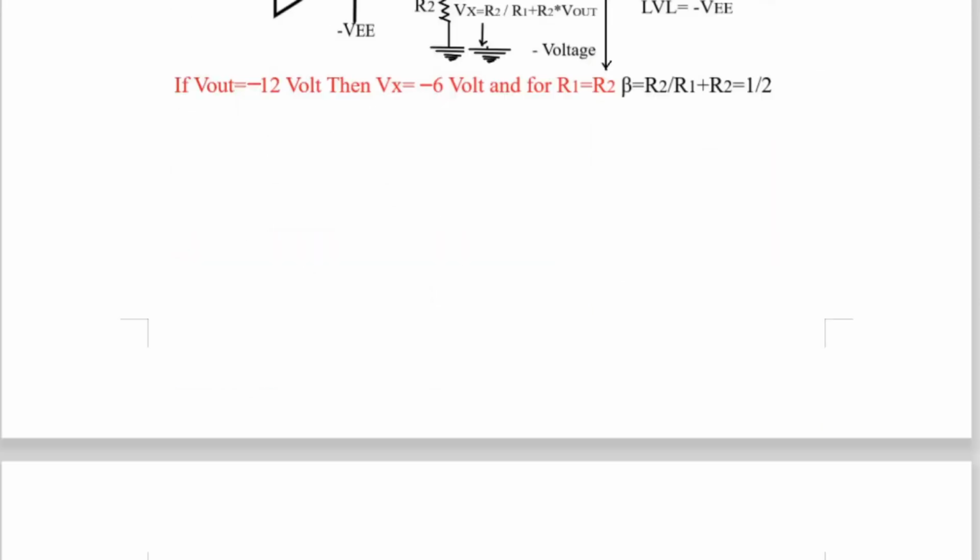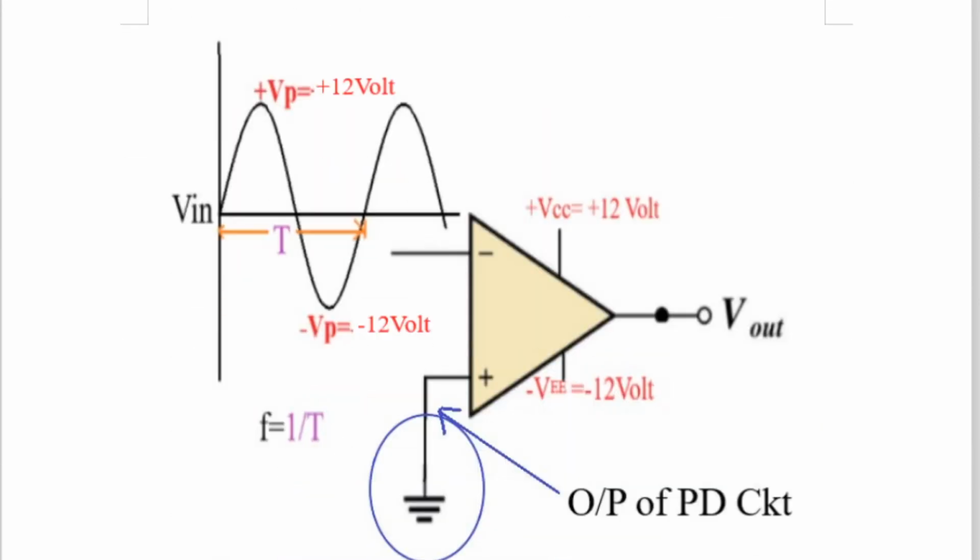Now let us go to the next block. Suppose instead of applying a constant DC voltage, we apply a sine wave which varies such that the positive peak is plus 12 volt and the negative peak is minus 12 volt. The sine wave is applied to the inverting input pin, and if the non-inverting pin is grounded at 0, then you know that the output will be either plus Vsat or minus Vsat.